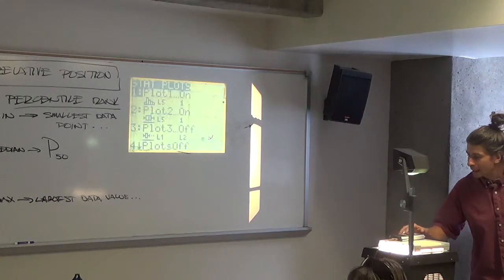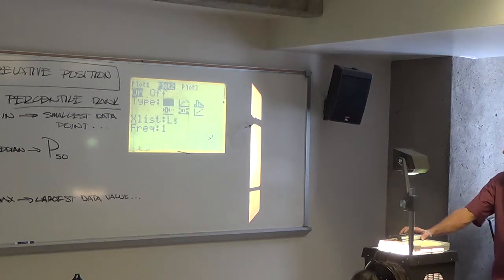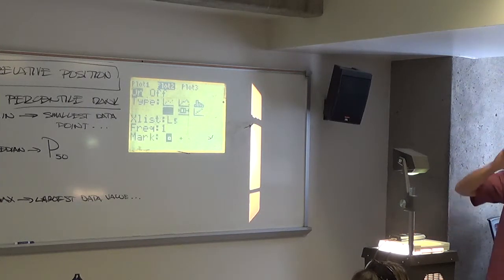Now do this for me. Everybody go back and whatever your box plot was, change it to what's called the modified box plot. This is the standard one, the one that I'm blinking on right there. Change it to the modified one. When you do this, you'll see a little thing called a mark that shows up at the bottom.